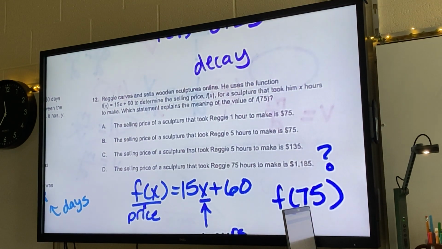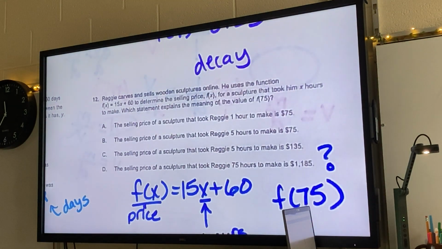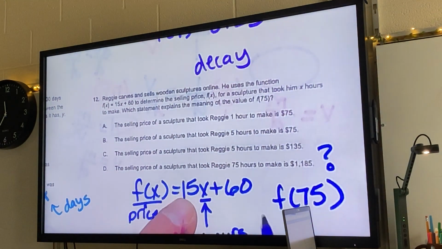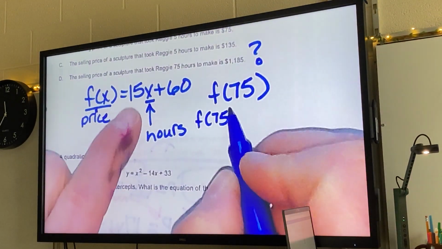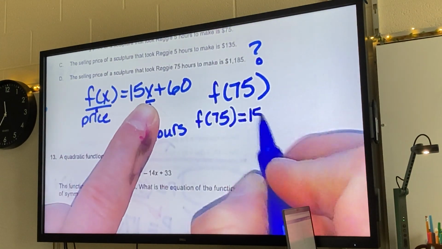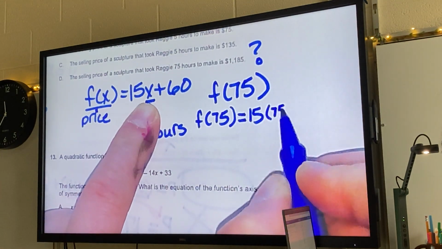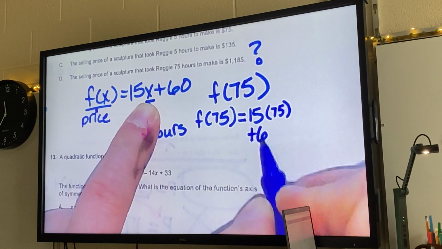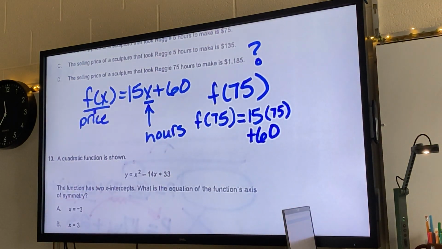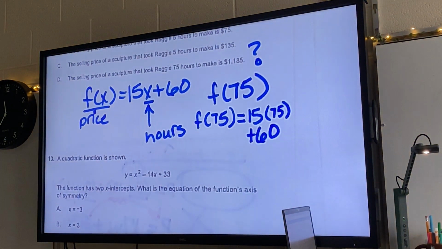So if we want to know how much it's going to cost, we'll have to plug it in. So f of 75 would be 15 times 75, I'm going to have to write underneath it, plus 60. So what is 15 times 75 plus 60?